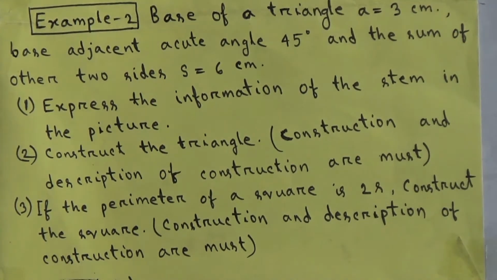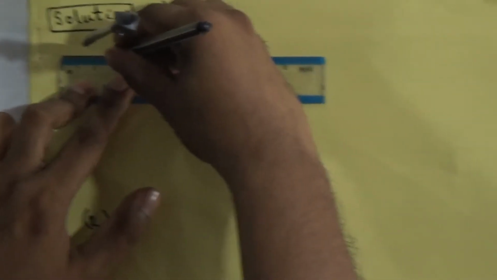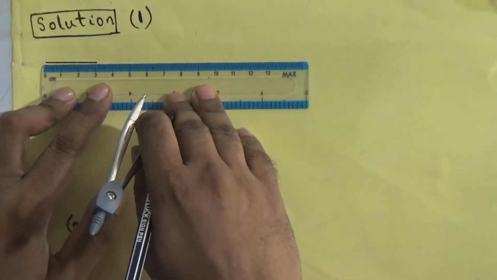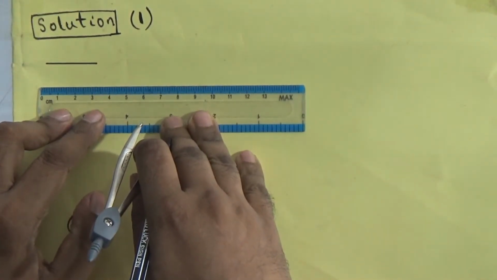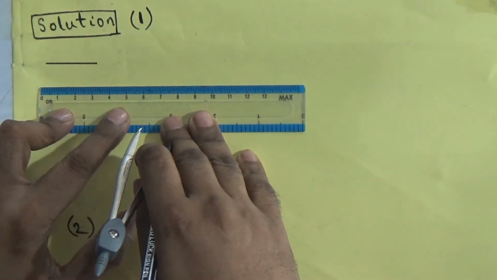Okay, using a scale and pencil you can easily draw 2 line segments, and the length will be, first line segment's length is 3 centimeter. And another line segment's length is 6 centimeter.